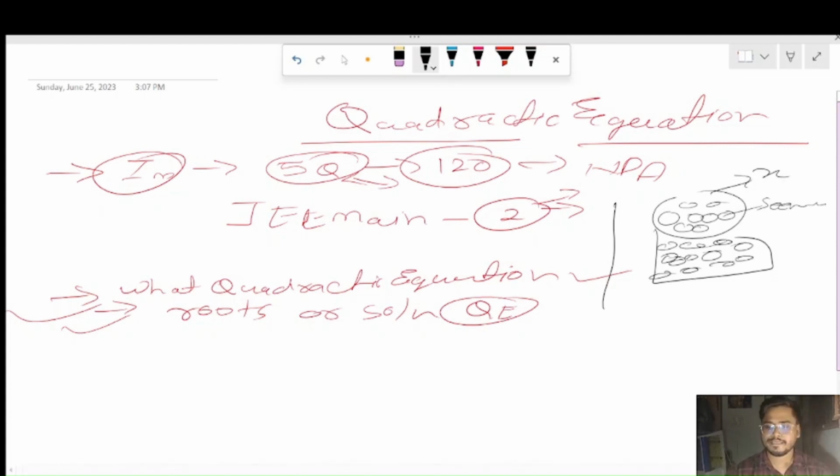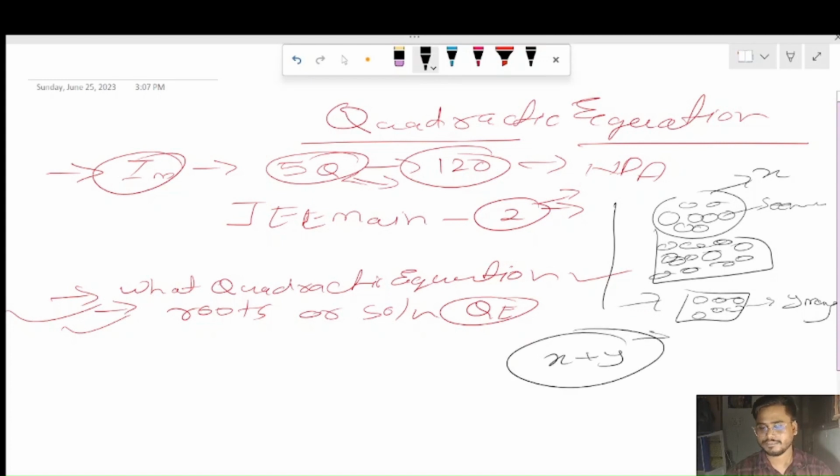And if there is another bucket in which we have Y mangoes, and someone asks what is the total number of fruits, what are we going to say? We will say X plus Y. So we will represent these apples and mangoes by this expression.